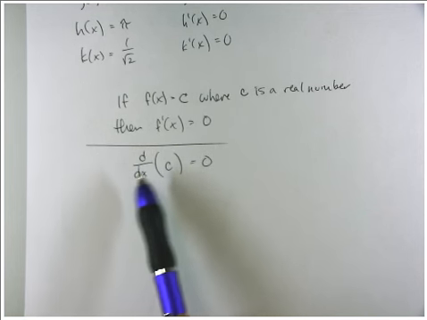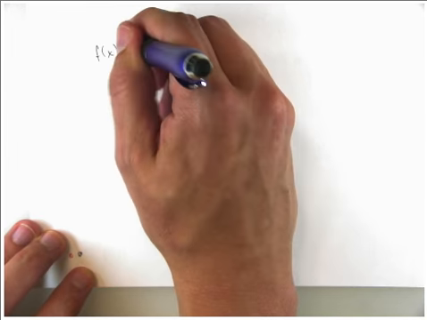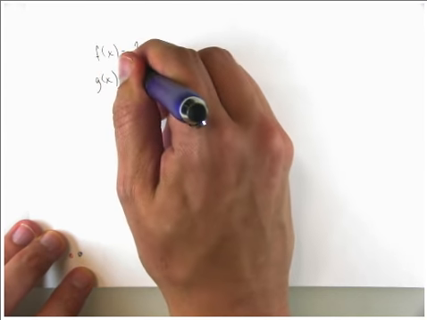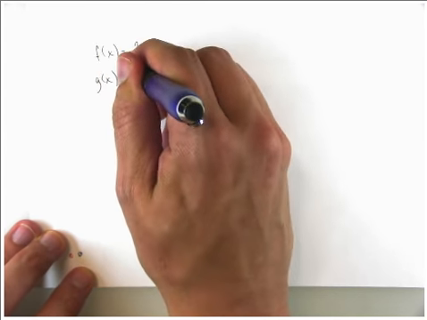We saw another example too last time. We saw things like f of x equals 2x, or g of x equals -3x, or h of x equals 1/2 x.